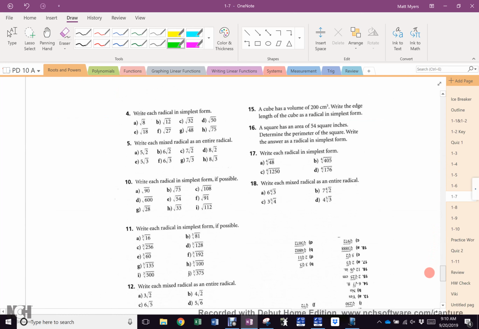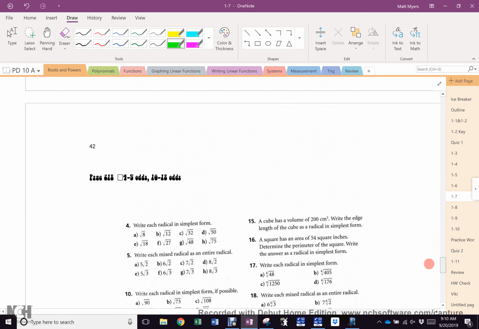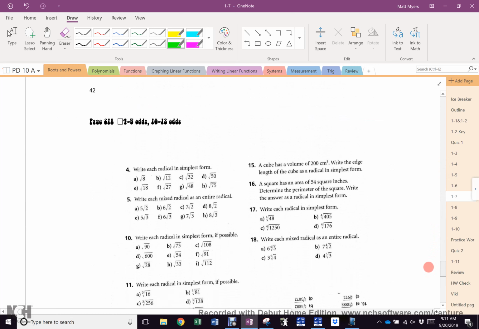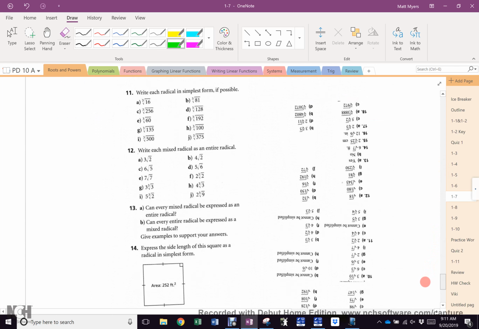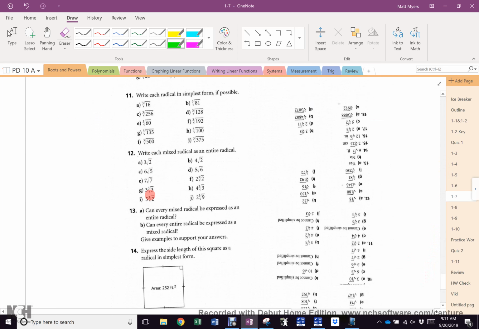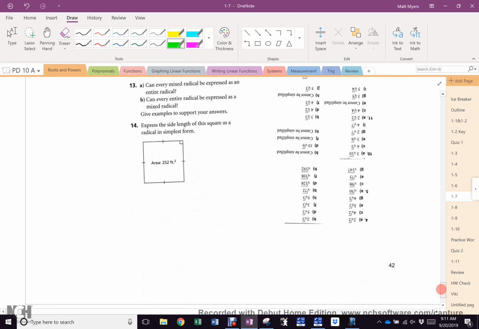If you are looking for extra practice, page 42, you may want to have a look at that. Again, you can see that all of these number ones are just like the notes. Right? Now, the notes have no answers, so you're going to attempt that. Yeah? And then check a few of these to make sure you're doing it right.